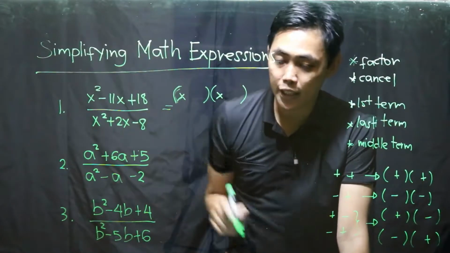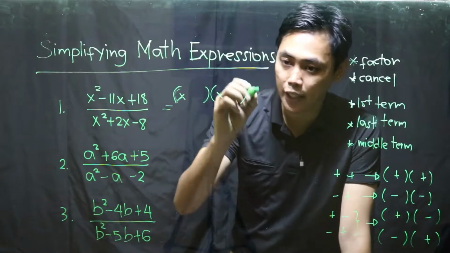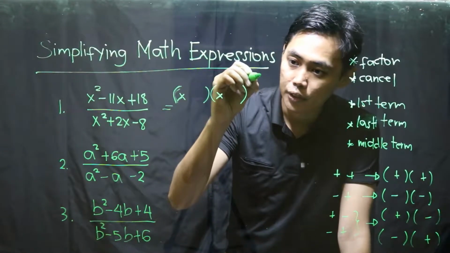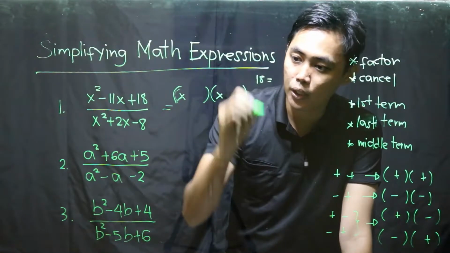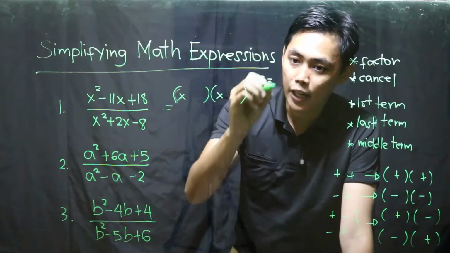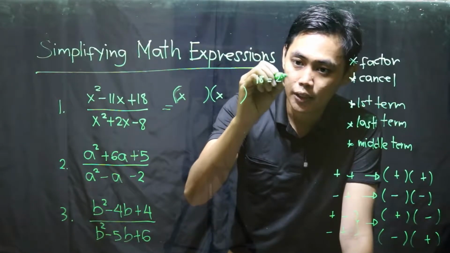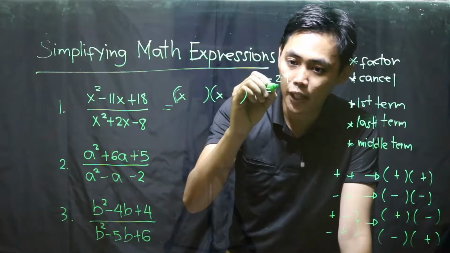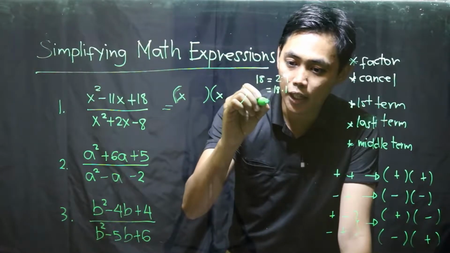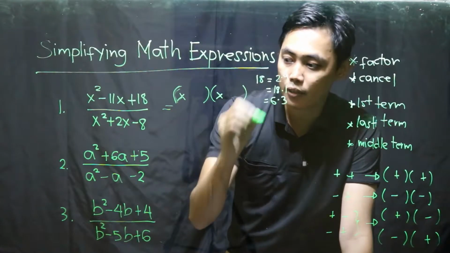Next we have 18. So what are the factors of 18? 18 is equal to 2 times 9, 18 times 1, and 6 times 3.